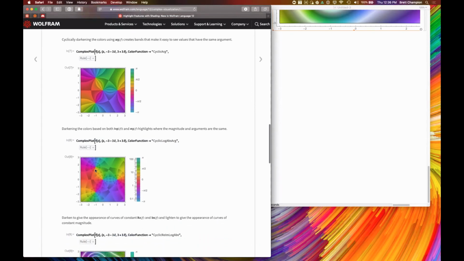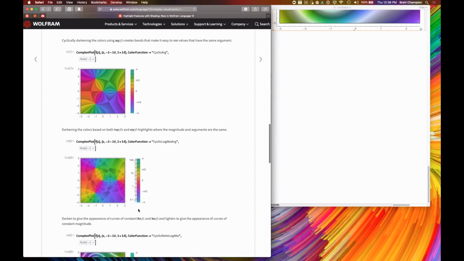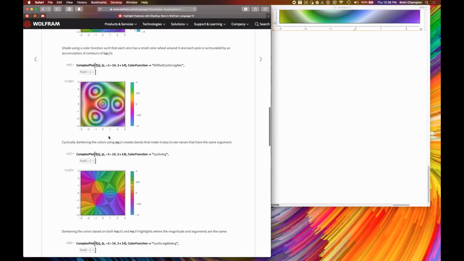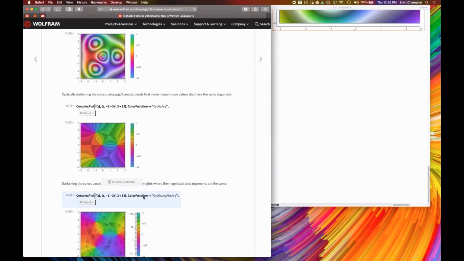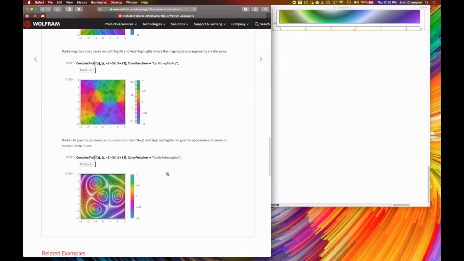And so you can see the arg contours, as well as a blending of this one and that one. Then finally, we have one that is doing a log scaling to get these white bands according to the absolute value.